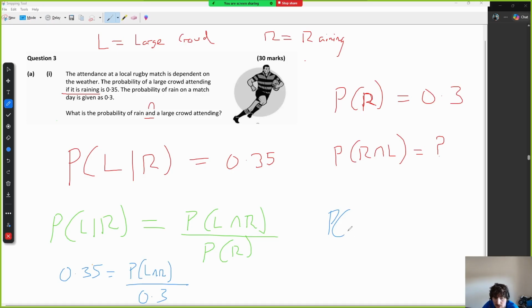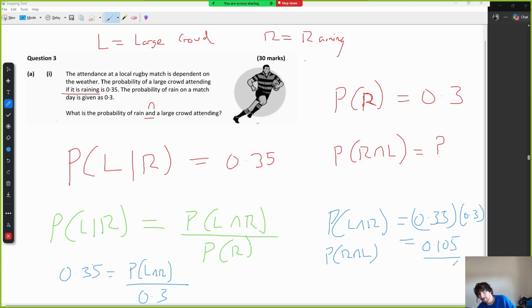So then the probability of L intersect R, when you move this around, is just the two things multiplied by one another. 0.35 times 0.3. Okay, and then you can just write it here, it's the same thing, R and L is 0.35 times 0.3. So I'd write that as a fraction, but given things are in decimals here in this question, we'll stay in decimals. And this isn't a messy decimal, so I'll leave it like that.